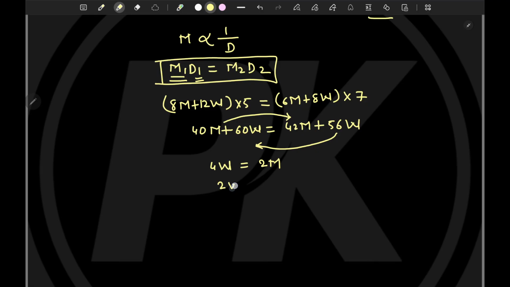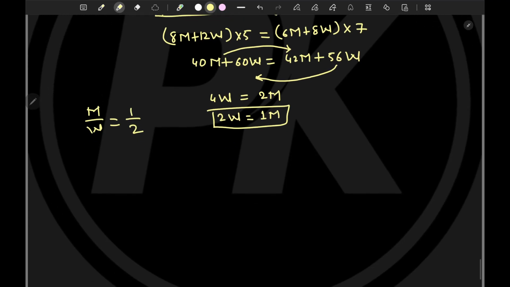That means 2 women is equal to 1 man, right? So now what does that indicate? So should I write M by W is equal to 1 by 2, right? That means men are more efficient than women. So one man can do the work of 2 women.